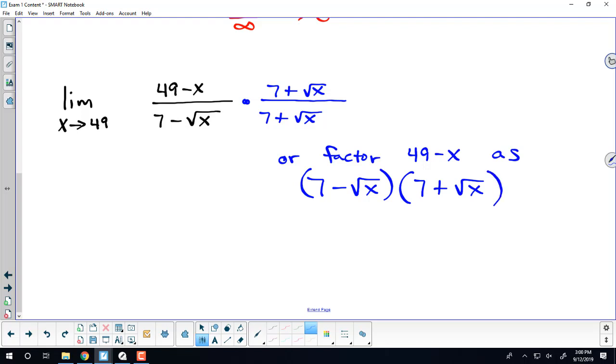Remember, this type of factorization only applied to those differences of squares. This was another example from our notes from 2.3 that illustrated a limit with a root where we couldn't use a factoring strategy and had to use the conjugate.